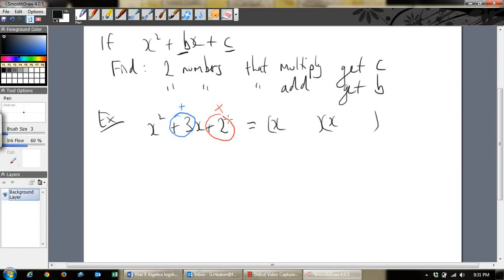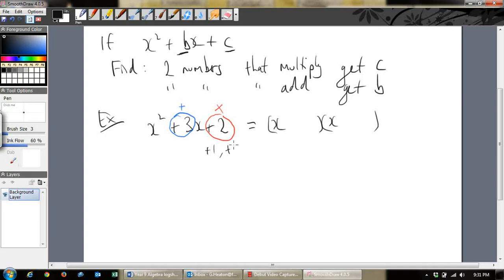Firstly, always start with the two numbers that multiply together, because there are far fewer options for this one than for the sum. This has actually got infinite numbers you could add together to make positive 3. Positive 2, let's think about two numbers that make 2. How about 2 and 1? In other words, positive 2 and positive 1. If we multiply those two together, we get positive 2. What happens when we add them?